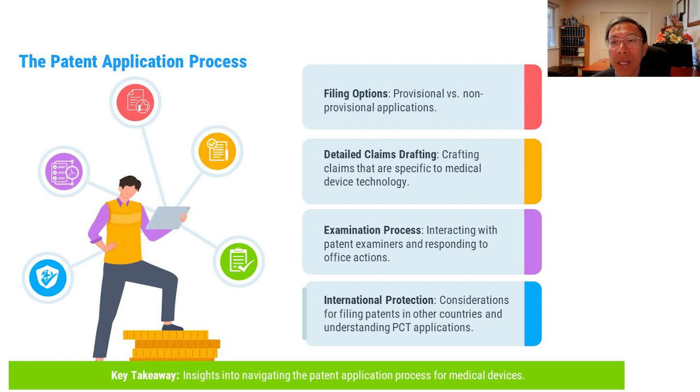The PCT application is for companies that are well-funded and interested in seeking international coverage. And the PCT application can be done either upfront or within 12 months of the first application filing.